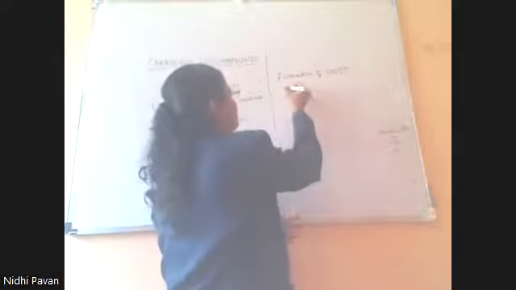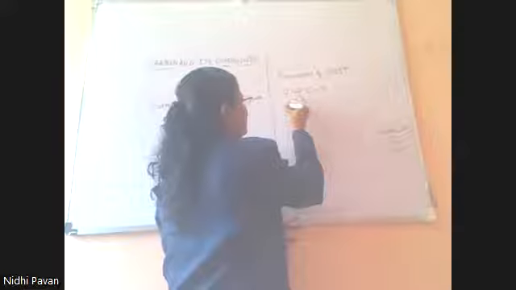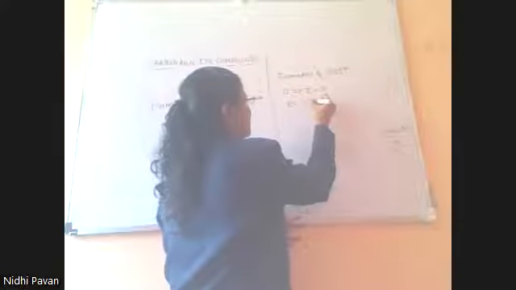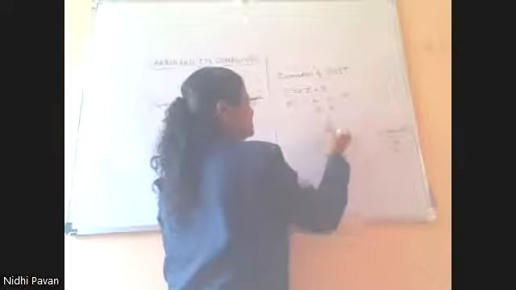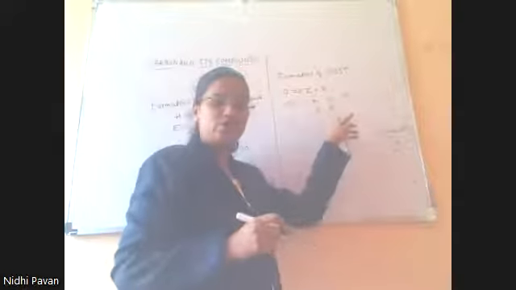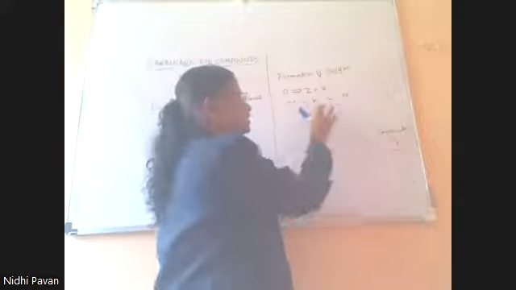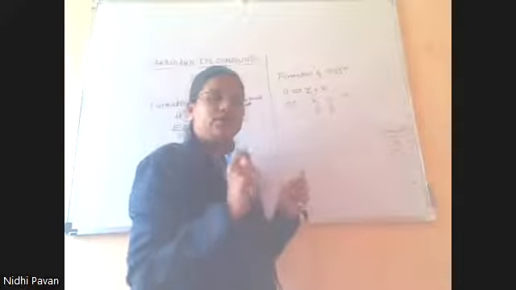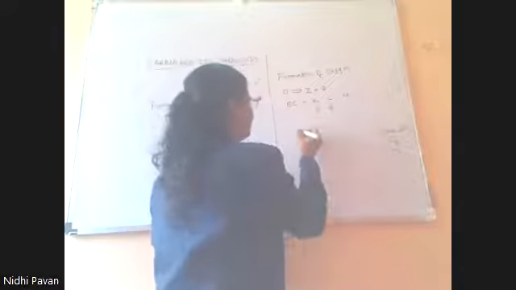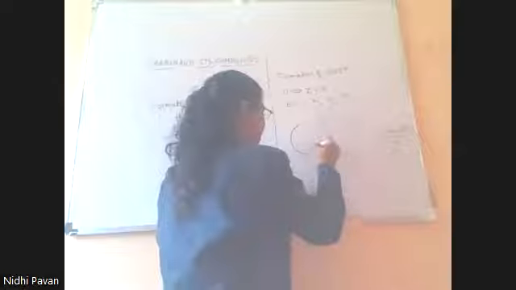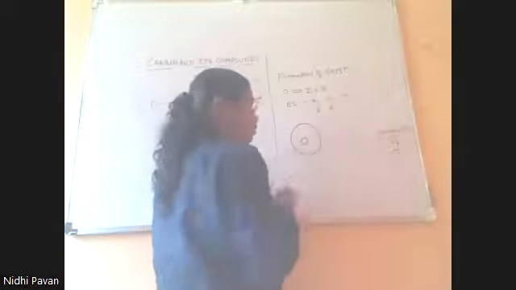So here, let us take oxygen, atomic number 8. Electronic configuration KLM: 2 and 6. To get the octet electronic configuration, it needs 2 electrons. Let us take an oxygen atom.